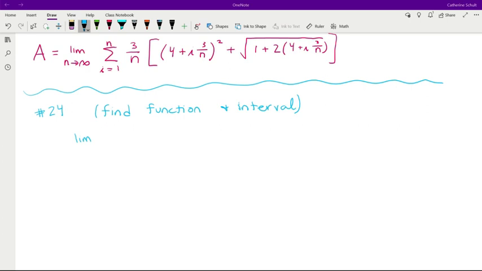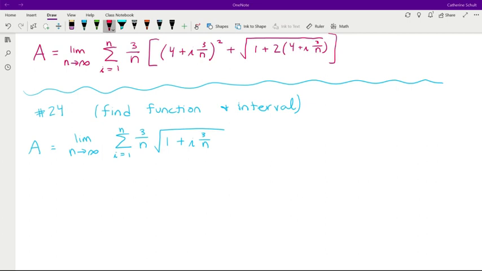Okay, so the limit as n goes to infinity of the sum, i equals 1 to n, 3 over n, again, times the square root of 1 plus i times 3 over n. Okay, well, again, they're expressing this area.